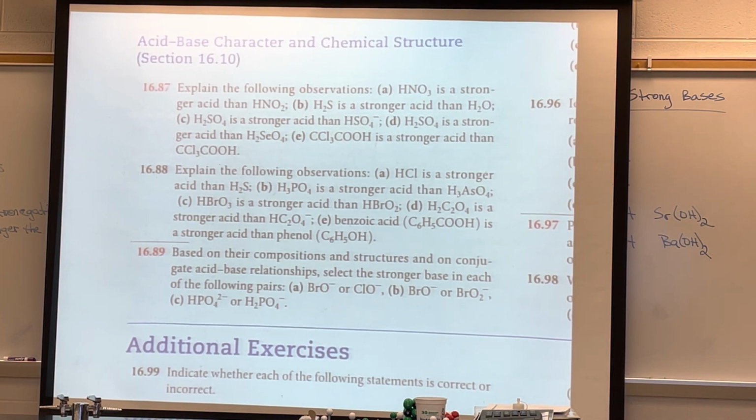Okay, and you just kind of have to look up in the periodic table and see how the two are arranged to each other. So because sulfur is larger than oxygen, the bond length between the sulfur and the hydrogen is longer, thus weaker, so the hydrogen is more ionizable in H2S than it is in H2O.